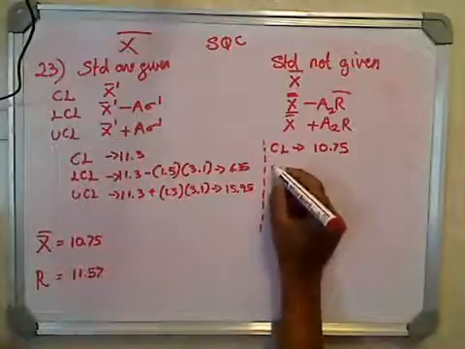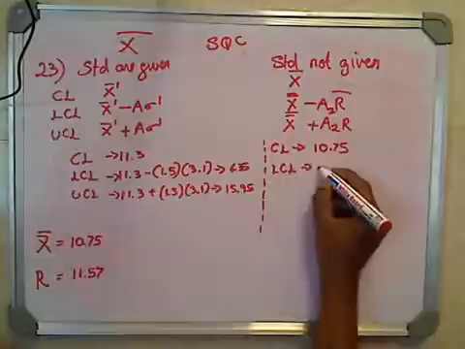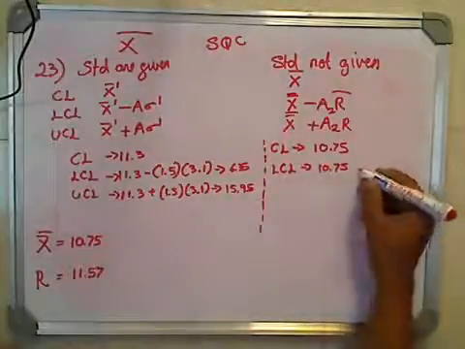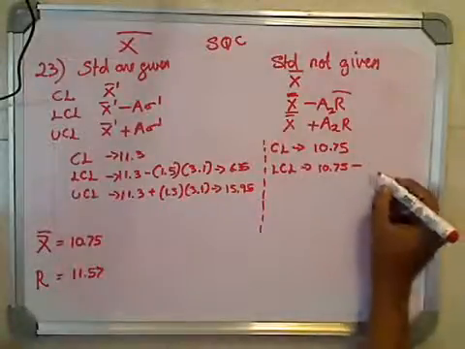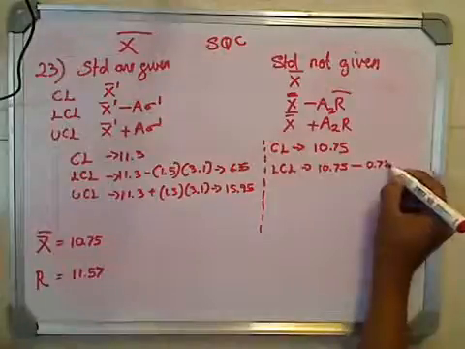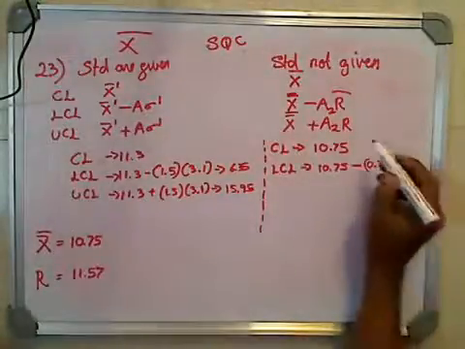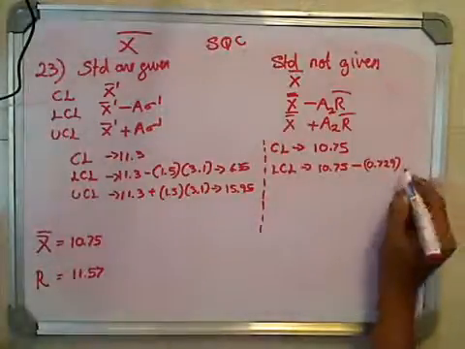The next thing, the lower control limit, is 10.75 minus A2. Remember the value of A2, it's 0.729, multiplied by R-bar, the value of R here is 11.57.